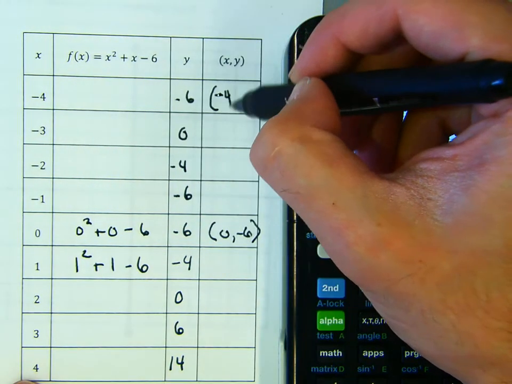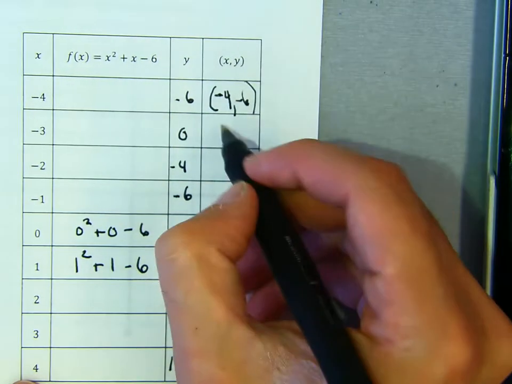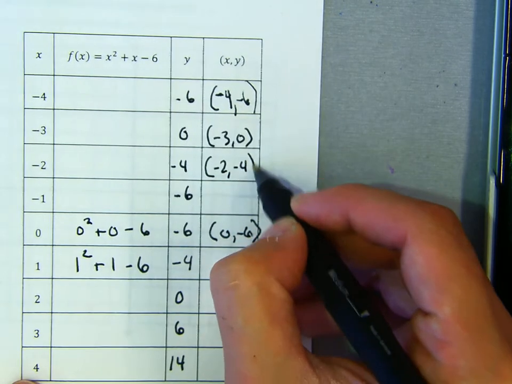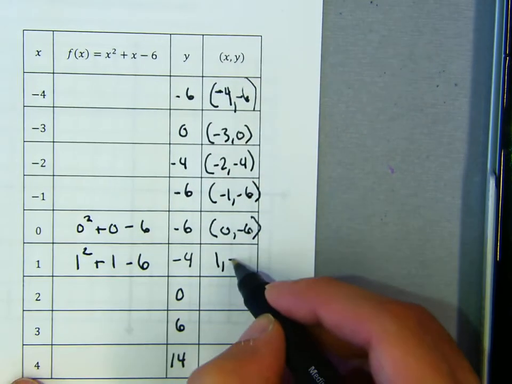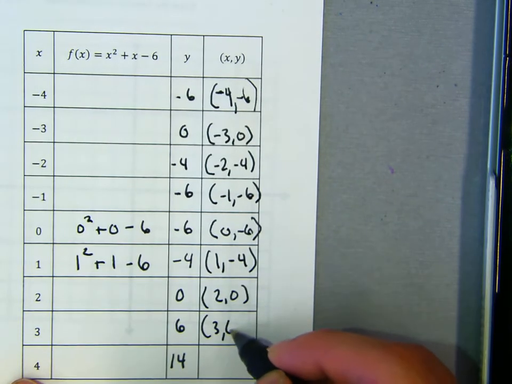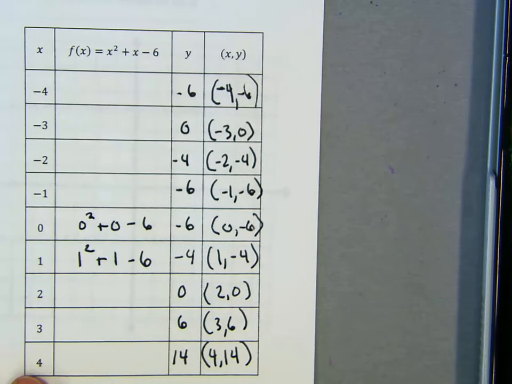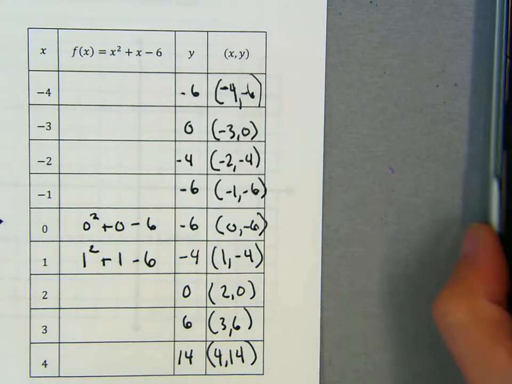It's negative 4, negative 6. What's the next one? Negative 3, 0. Negative 2, negative 4. Negative 1, negative 6. 1, negative 4. 2, 0. 3, 6. And 4, 14. Okay? What I want you to do is take these points and graph them.